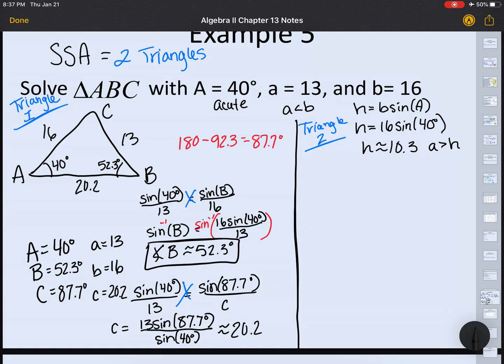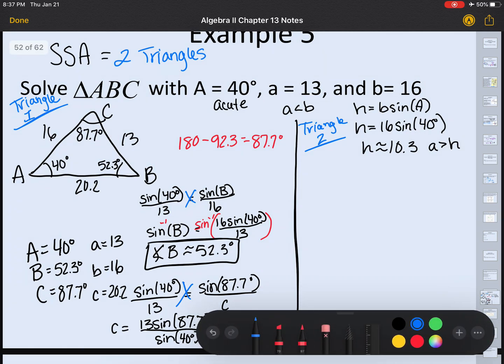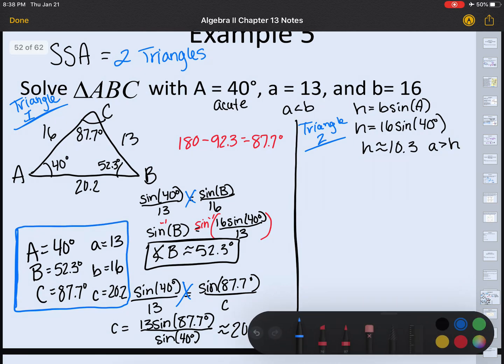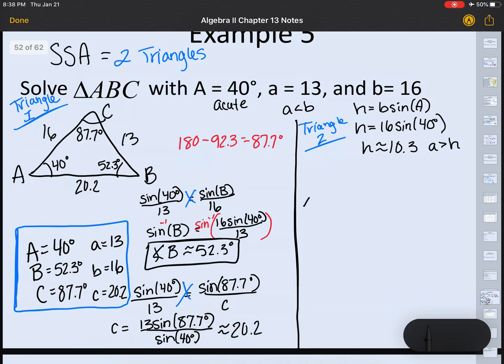So we fill in what we know now. Here's our first triangle all the way solved. But we still have to deal with our second triangle. Okay, so angle A is still 40 degrees.